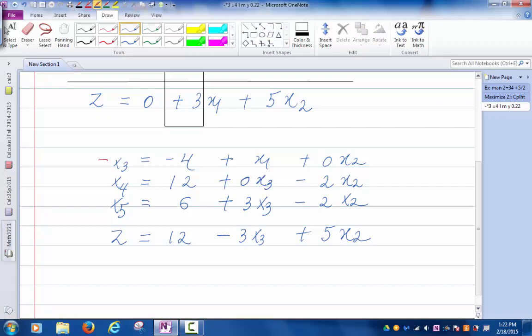The first equation, what I'm going to do is solve for x1. Am I making sense? If I solve for x1 from the first equation, what do I get?